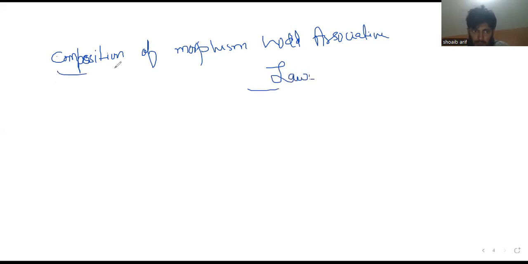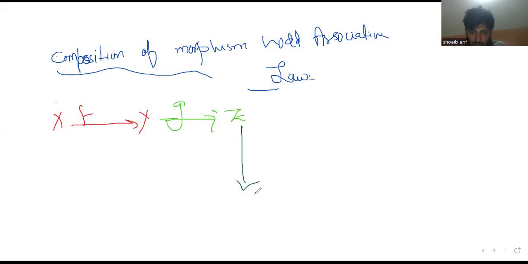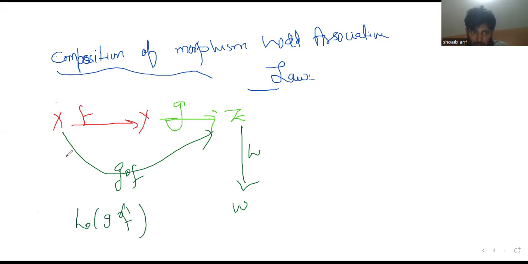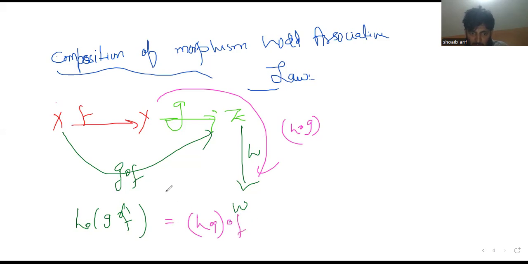So how can we write this axiom? For any morphism from X to Y, which is F, and any morphism from Y to Z, which is G, and there exists a morphism from Z to W, which is H. So if we compose G of F, and then this is H, so we can write H compose G of F. And if we compose another way, if we compose G compose H, so we can write H compose G, then F. So both are equal for all conditions.